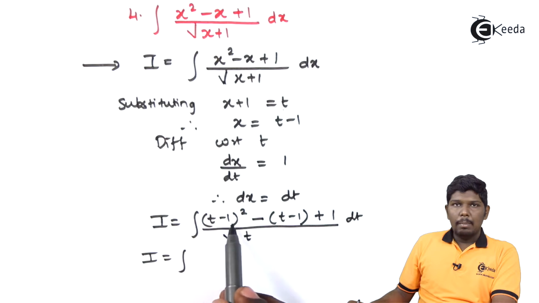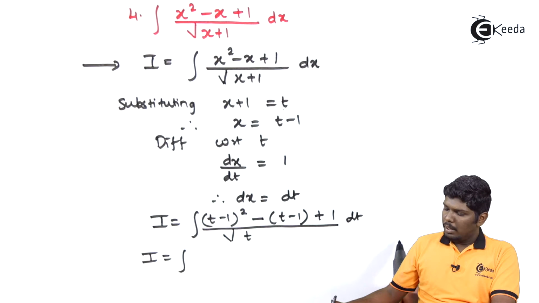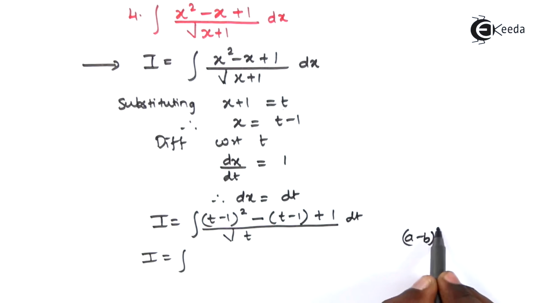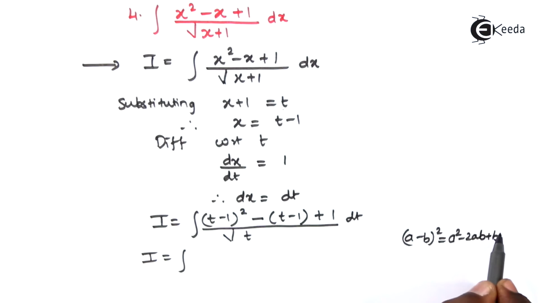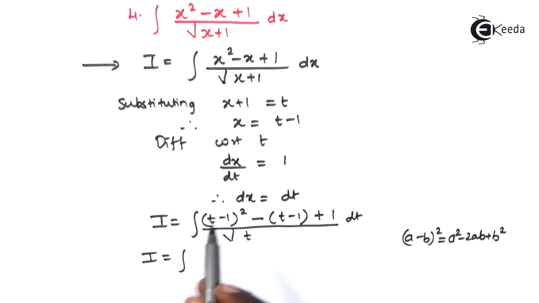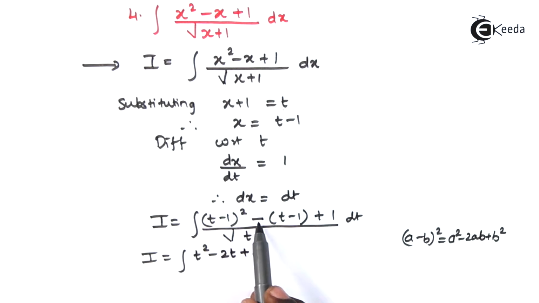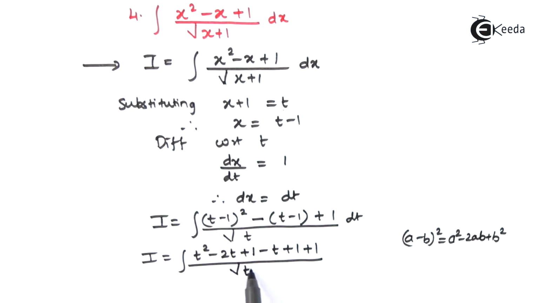Here we will expand t minus 1 the whole square using the formula a minus b the whole square, which is equal to a square minus 2ab plus b square. Here we have t square minus 2t plus 1. Giving minus sign to both the terms, we have here minus t and minus of minus will give you plus 1, followed by again plus 1 upon square root of t dt.